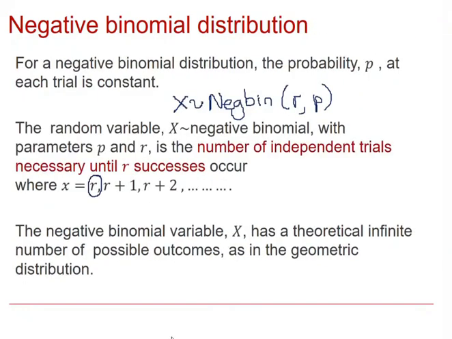And you can think of the negative binomial and the geometric distributions together and imagine the geometric distribution as a special case of the negative binomial where r equals 1, because in a geometric model we are looking for the first success only.